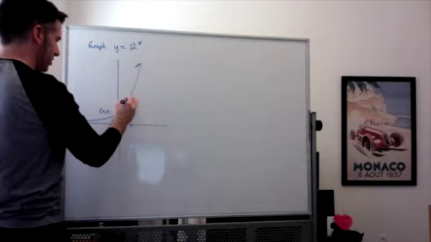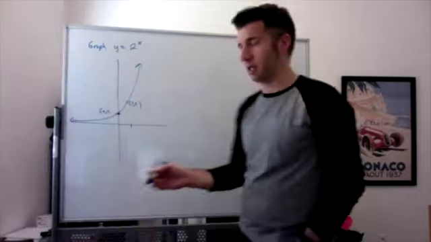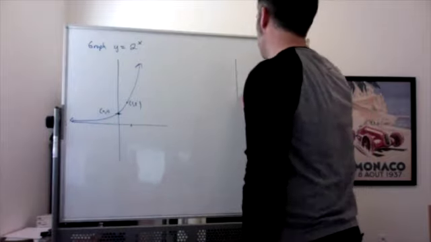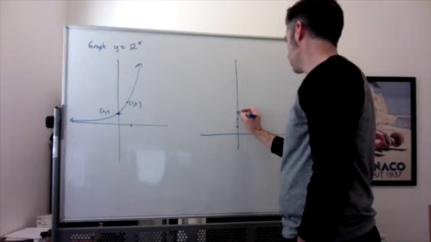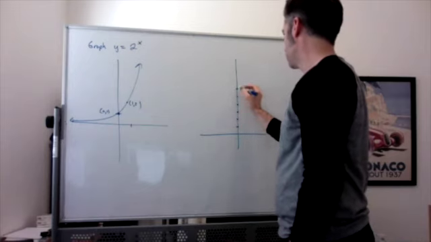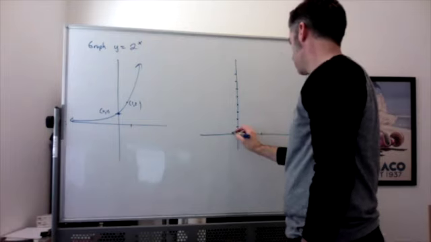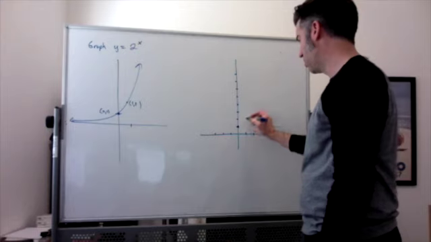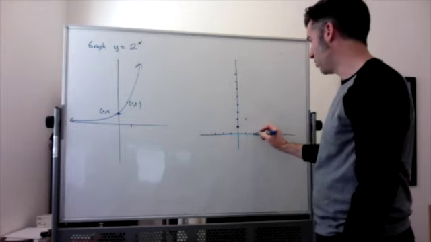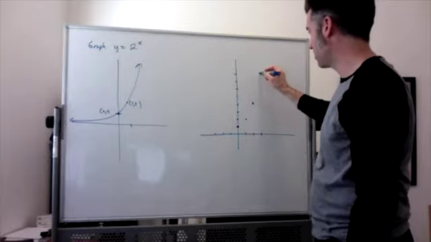Here's my point 1, 2, if you really felt like it. Or you could be more precise and say, I feel like doing a better job. So I'm going to plot the points 0, 1, 1, 2. If x is 2, y is 4. If x is 3, y is 8.